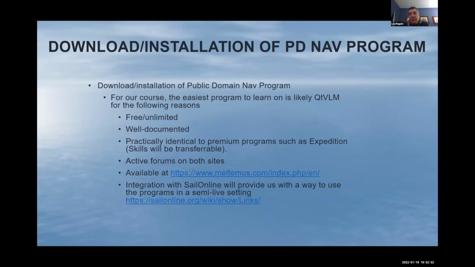It was just mostly a matter of seeing what the icon looked like in QTVLM. And as I was learning it in QTVLM, I found that everything was so transferable back to Expedition. It worked out really well. As I said, between Sail Online and Meltimus, there are active forums and good documentation.